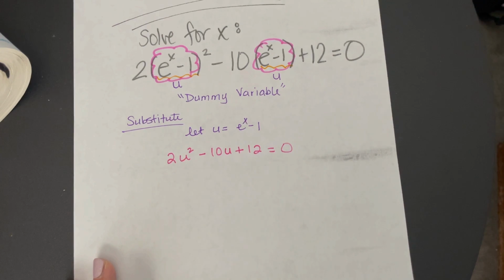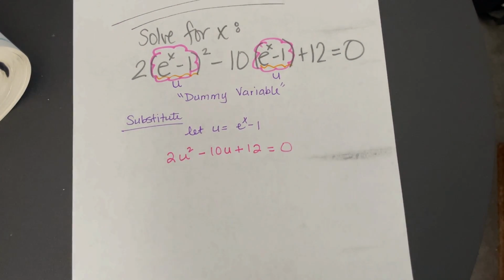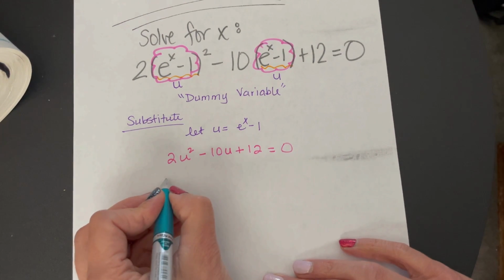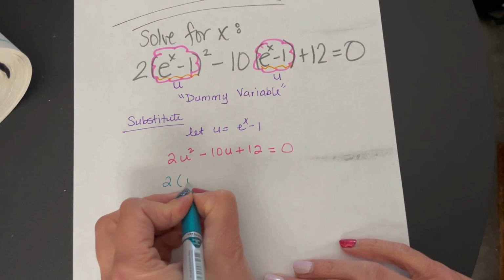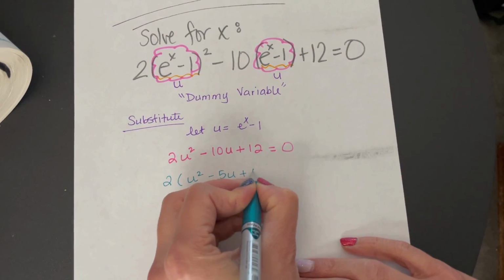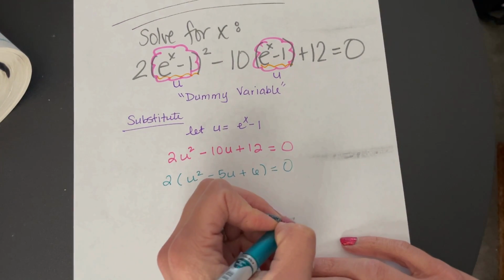Well, now we have a quadratic. We should be really good at factoring and solving when we have a quadratic, right? What I would do first is notice that all 3 terms have a 2 in common. I would factor out a 2 first, and I would get u squared minus 5u plus 6 equals 0.